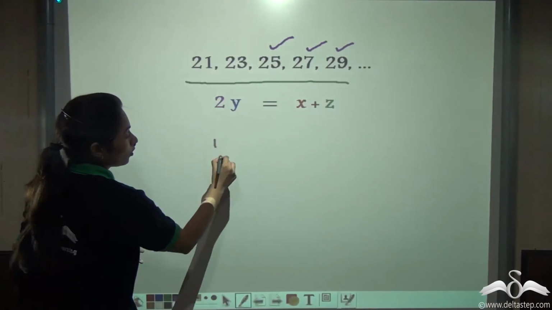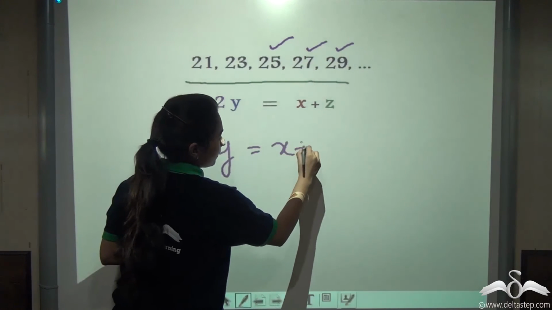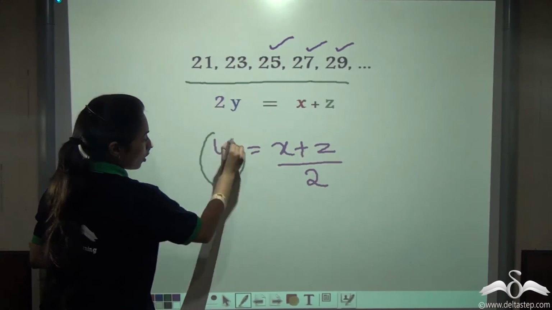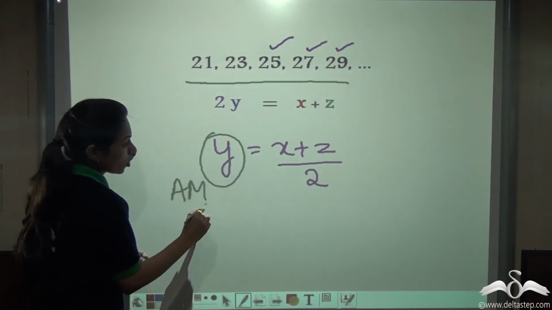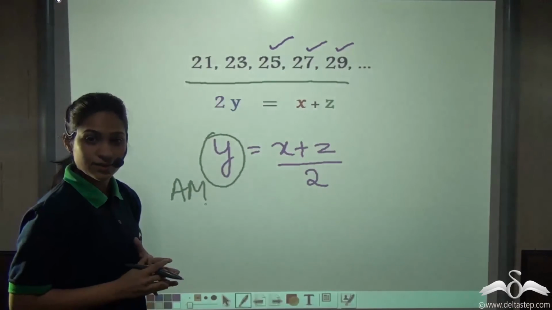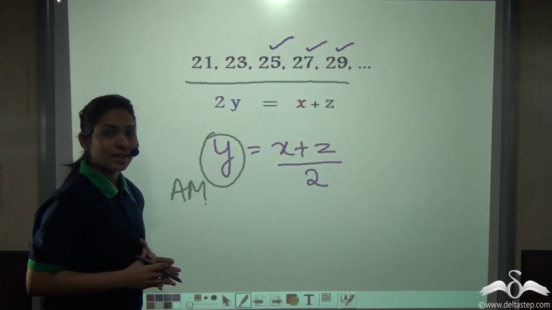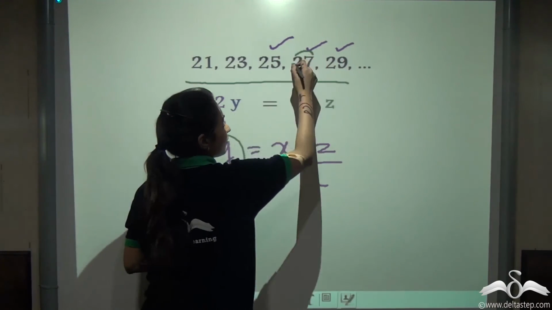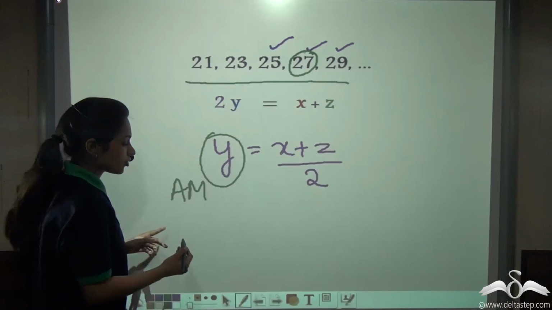So if 27 is the middle term here, doubling 27 shall give us the sum of 25 and 29. Now we know that y is equal to (x plus z) by 2, and this y is called the arithmetic mean. So in this case, where 25, 27 and 29 are in an AP series, which one of them is the arithmetic mean here? Answer? Well, 27 is the arithmetic mean. Let's check.